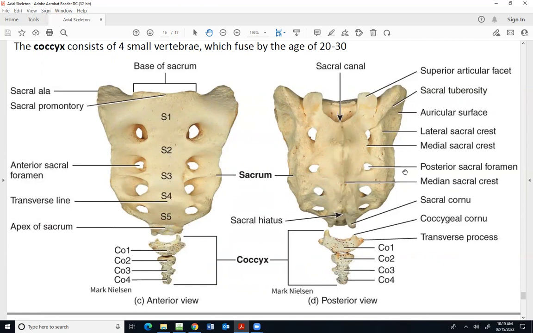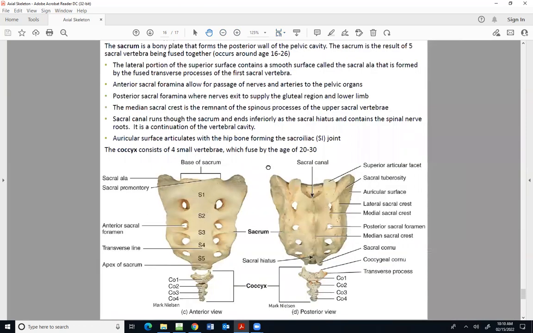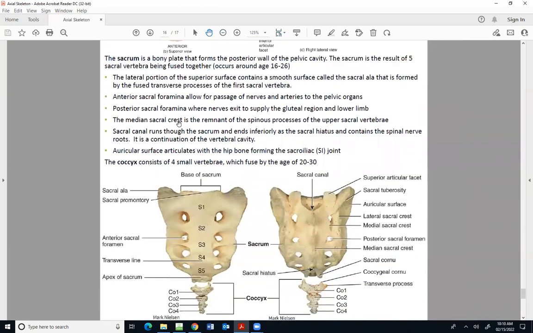This ridge is called the median sacral crest, which you're going to want to highlight. That's only going to be on the back side, and it's formed from the remnants of the spinous processes of your upper sacral vertebrae. Those backwards projecting bumps called spinous processes, when they fuse together, the little ridge is still maintained. So this has to be posterior, and this has to be anterior.